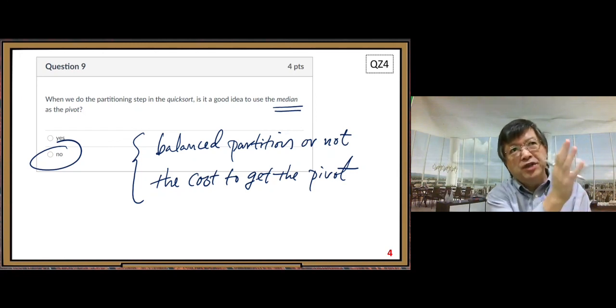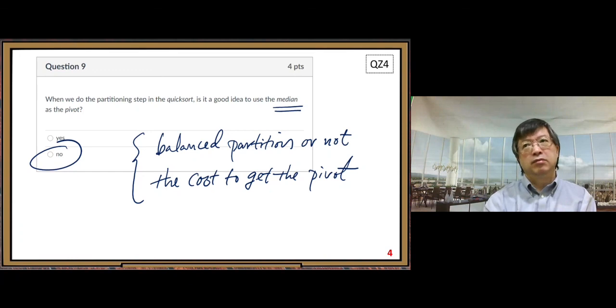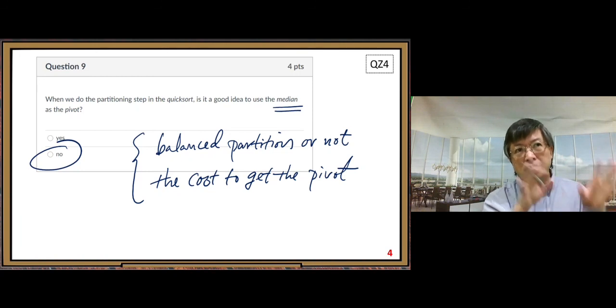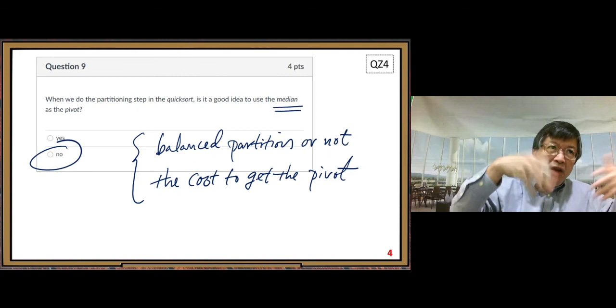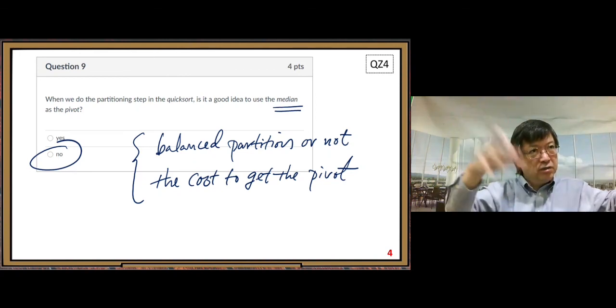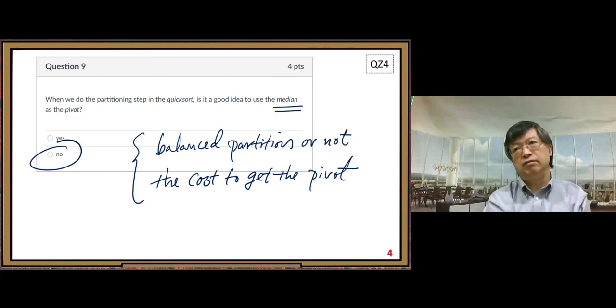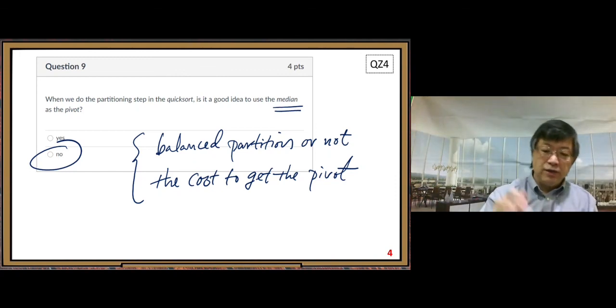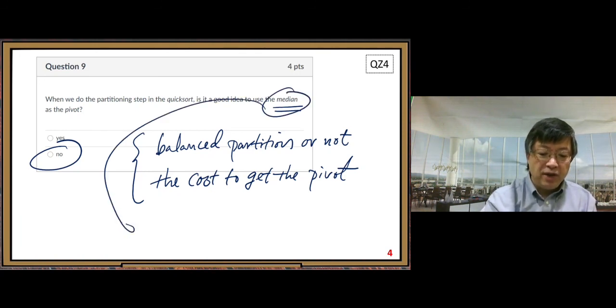If that cost is too high, then even if the first factor can reduce the cost, the second factor can increase the cost. The overall cost is still much higher than usual. This is the case with the median, because the cost to find the median is too high.